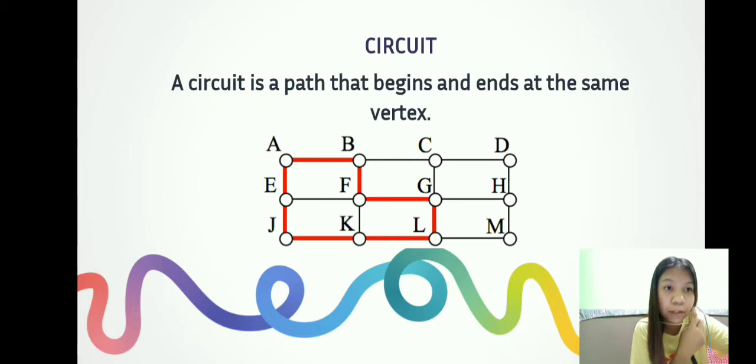Like in the example in the picture below, the graph starts with vertex A and also ends with the same vertex, vertex A. It begins with vertex A and it also ends with vertex A. So that is a circuit.